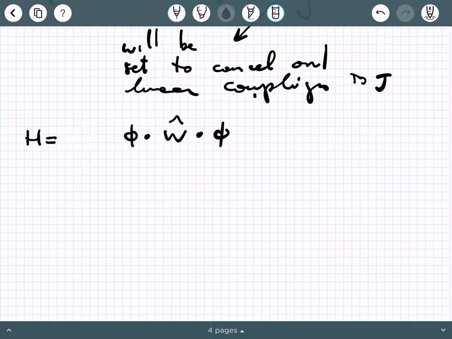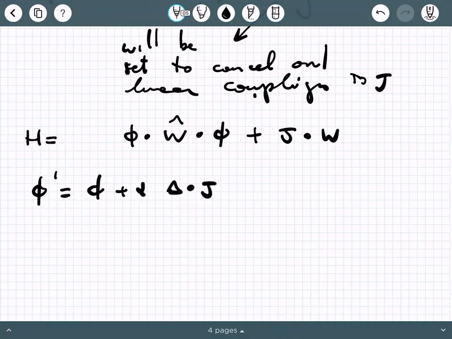Let me keep away dx, and then plus J W, and then we're going to change fields. Phi prime is equal to phi plus alpha delta J, right?